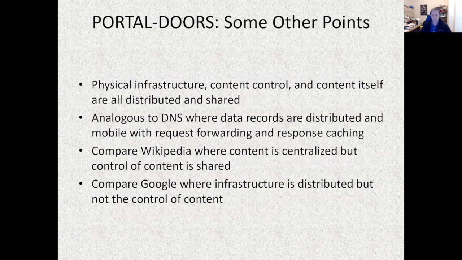Some other key points really address this matter of content control, infrastructure control. Who gets to do that? And I've made some contrasting examples here with Wikipedia and Google as two very famous examples.